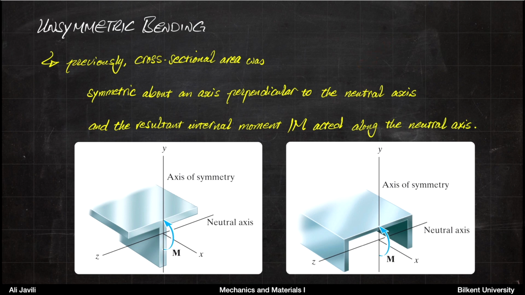You can clearly see that in both pictures, although the cross-section is not a square or a standard shape, you have an axis of symmetry and a neutral axis with respect to which you can apply moment M. Now, when we talk about unsymmetric bending, you can break the symmetry of the problem in two ways.